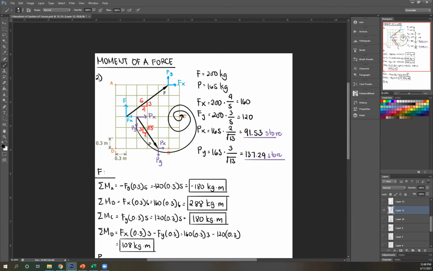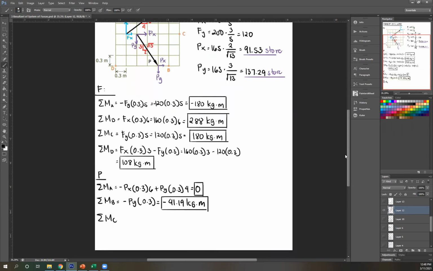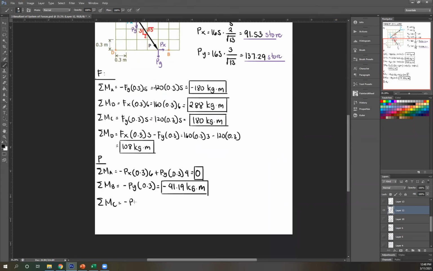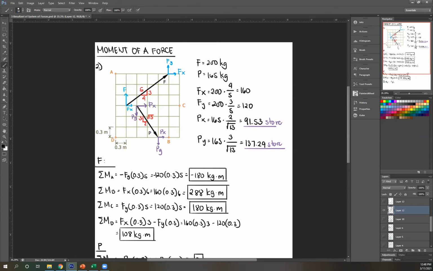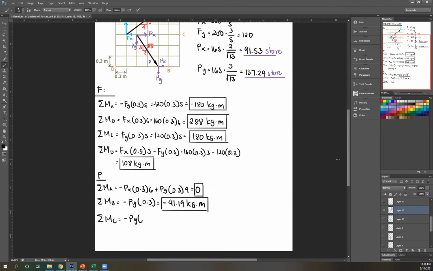So negative Py times distance. This is the distance from Py, that's 1, 2, 3, 4 blocks. So 0.3 times 4, what's the answer? Correct, it's 164.75.